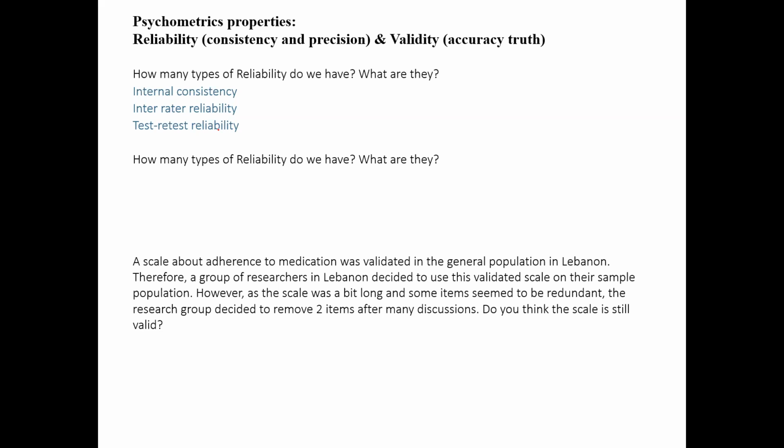So I can use retest reliability when I'm talking about self-esteem. But when I'm talking about depression or other constructs that change over time, I cannot do retest reliability, because maybe the person, as you said, changed from what he used to be. He used to be depressed and now he's not depressed anymore. Is it clear?